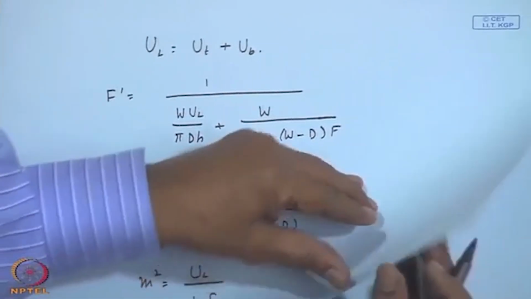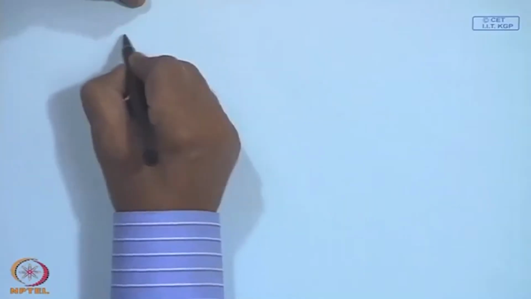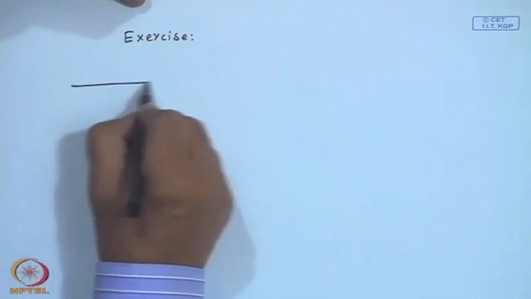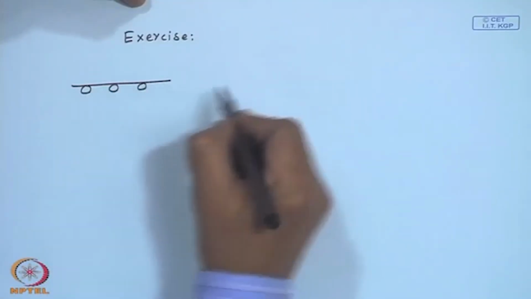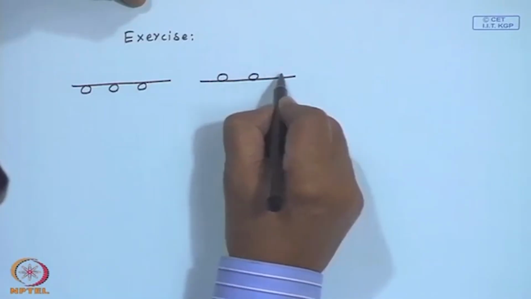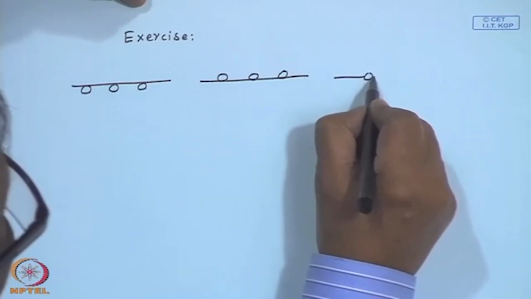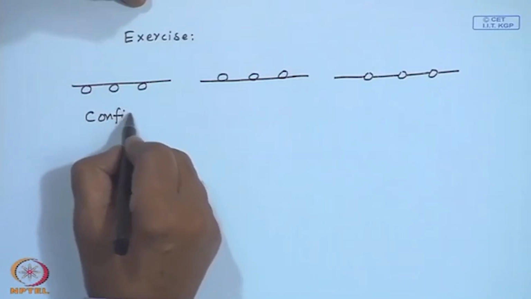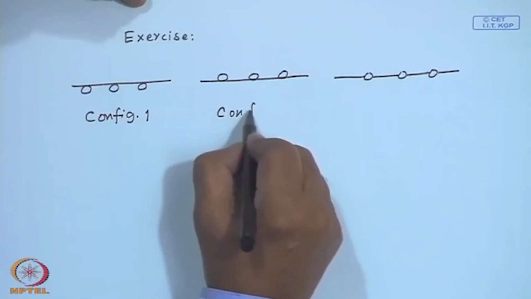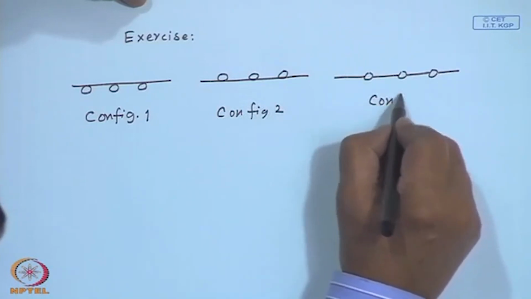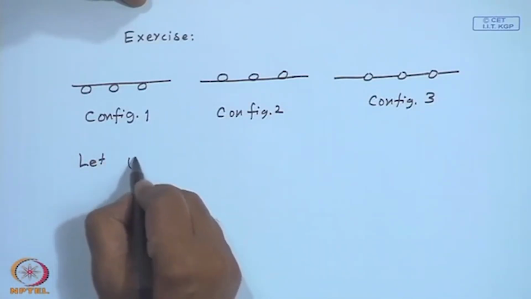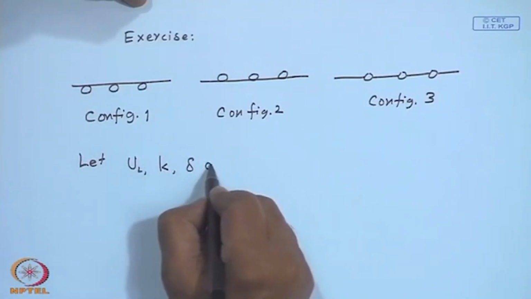Now, it would be interesting, or you have this as an exercise, for configuration 1, configuration 2, configuration 3. Let UL, K, delta and D be the same.